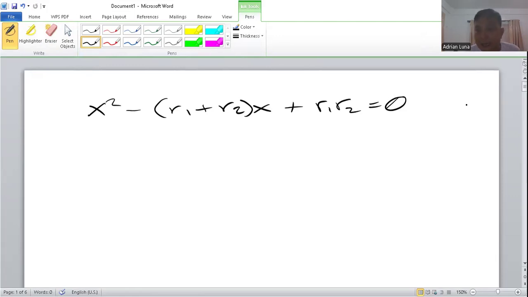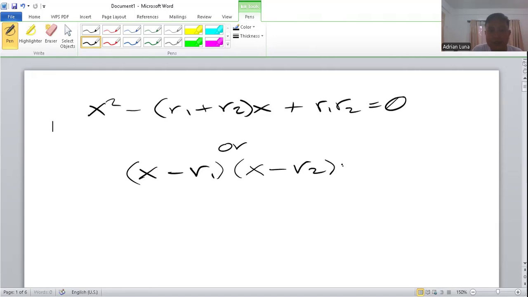Ito yung dinerive natin sa last video. So we can determine the quadratic equation using this Vieta formula or yung factored form nito which is the quantity of x minus R1 times the quantity of x minus R2 is equal to 0.